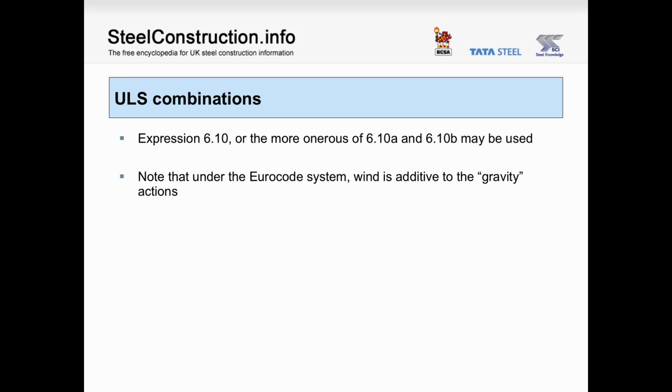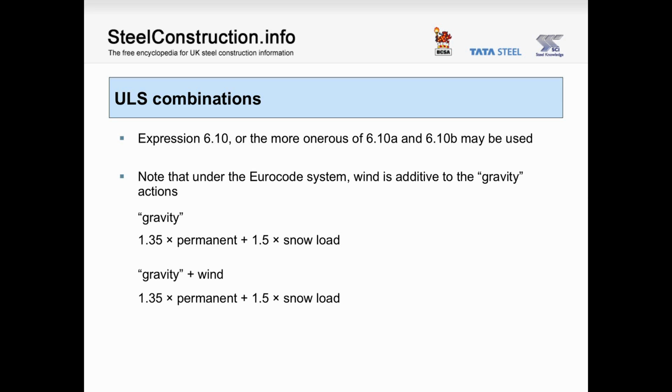When we calculate ultimate loads, we can use expression 6.10 or the more onerous of the pair of expressions 6.10A and 6.10B. We should note that when we introduce a second variable action, the second variable action is additive. So if we take the example of a gravity combination, the gravity combination might be 1.35 times the permanent actions plus 1.5 times, let's say, the snow load.